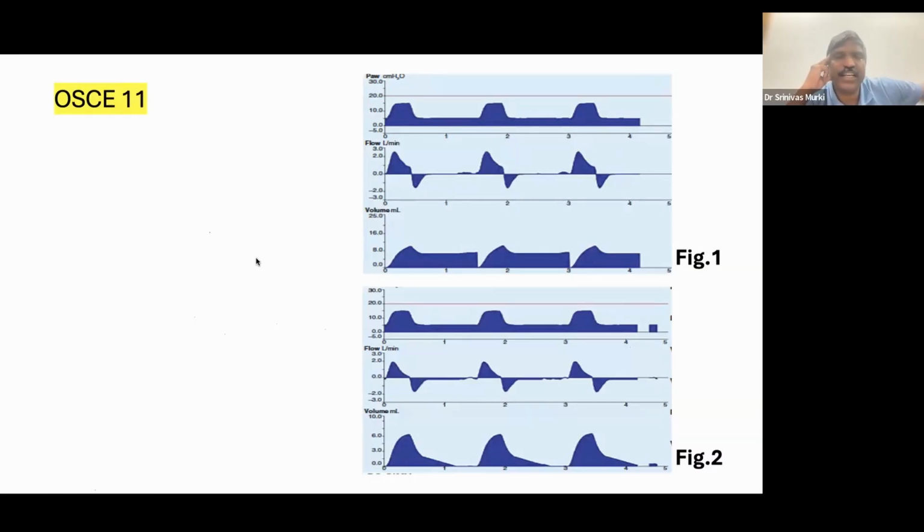Then what is leak adaptation? What do you mean by leak adaptation? Leak compensation is taking care of leaks for delivering correct tidal volumes, where the computer algorithm will see how much inspiratory expiratory leak there is and then make a calculation, and based on that it will compensate the tidal volume. What is leak adaptation?